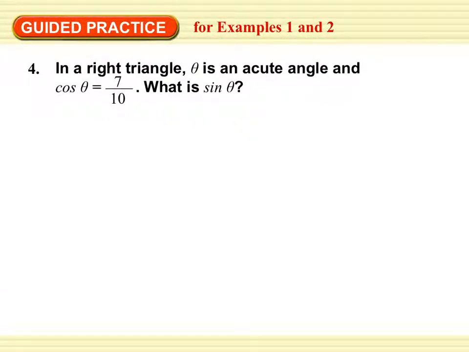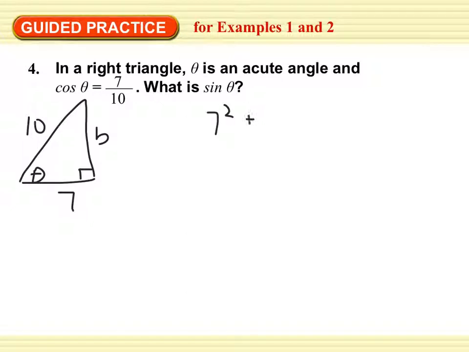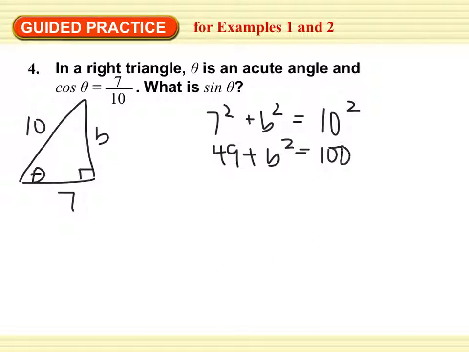In a right triangle, theta is an acute angle, and cosine theta is 7/10. Cosine is adjacent over hypotenuse. So I just drew a right triangle and did adjacent over hypotenuse. Now we need b, so 7 squared plus b squared equals 10 squared. 49, 100. 100 minus 49 is 51.